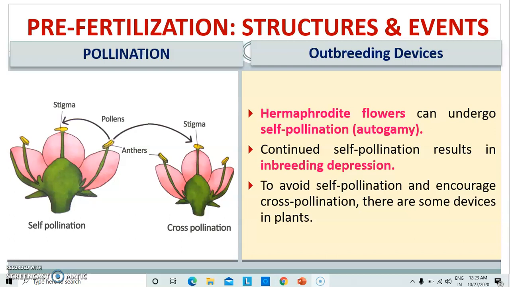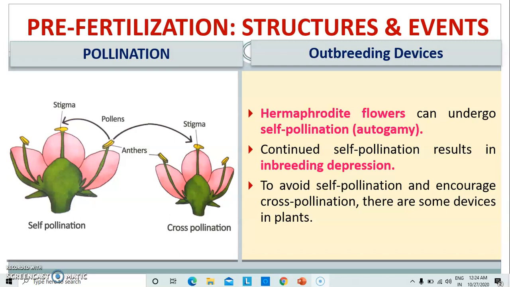Self-pollination means the pollen grains are transferred from the anther to the stigma within the same flower. But cross-pollination is when the pollen grains are transferred from the anther to the stigma of a different flower, whether they are present on the same plant or on a different plant. In continuation of self and cross pollination, I'm going to explain the outbreeding devices.